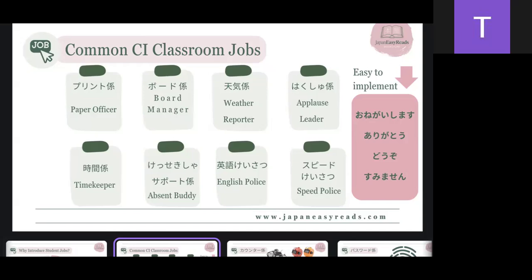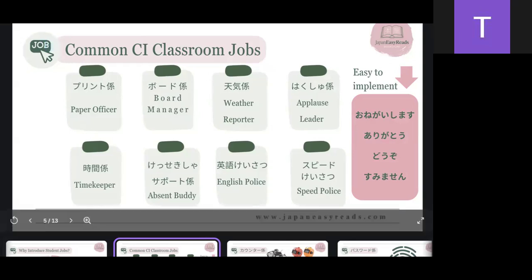You might find that you don't need some of these jobs. So I would suggest that maybe you trial them. That's certainly what I did. I trialed a few and tweaked a few. So we'll just go through some of these.